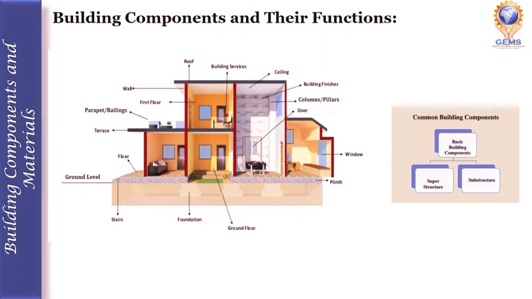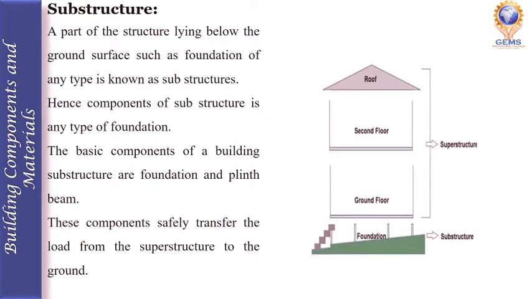So we start with the substructure first. Substructure is a part of a structure lying below the ground surface, such as foundation of any type is known as substructures. Mostly these substructures are foundations and the plinth beam. Why? Because foundation lies below the ground level.